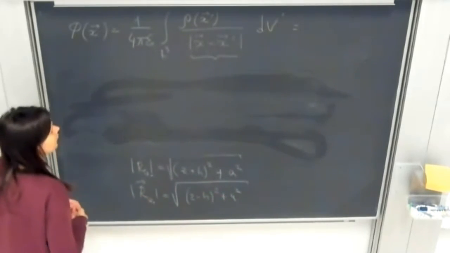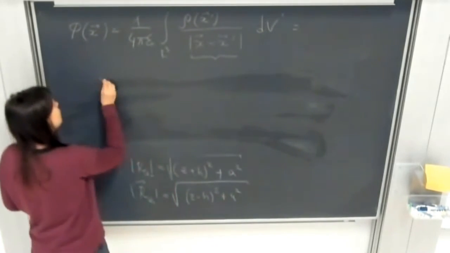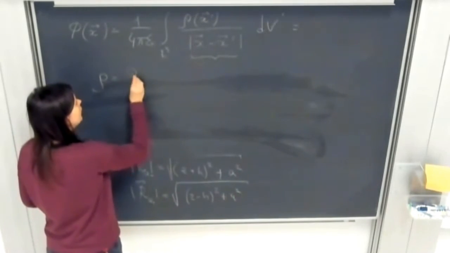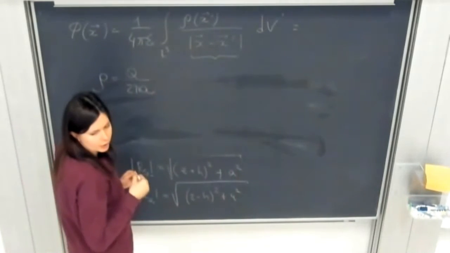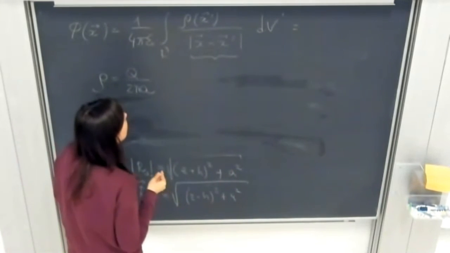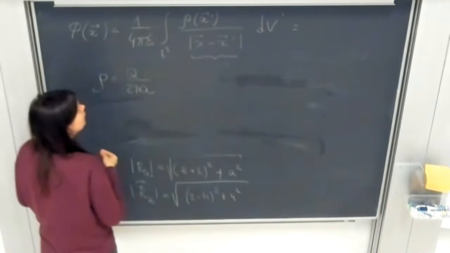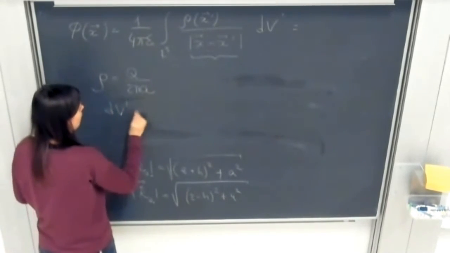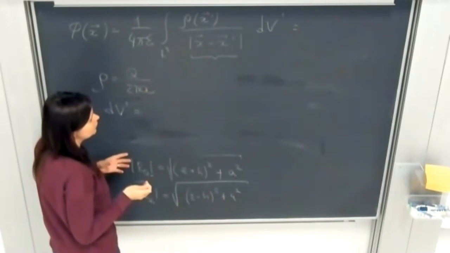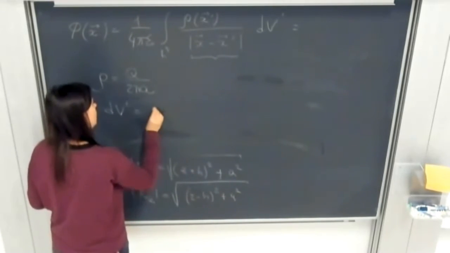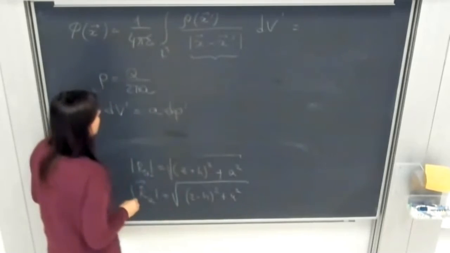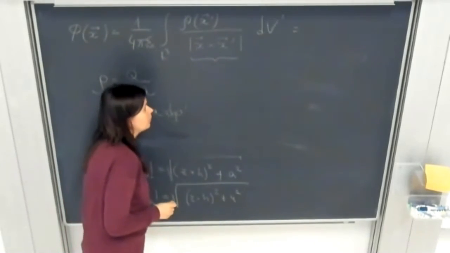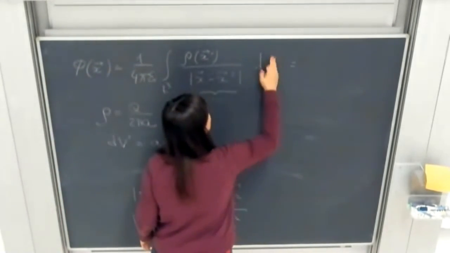And then for the charge density in the ring, it will be Q divided by 2 pi a. So the charge in the ring, and for the dV, the volume is actually replaced with a d phi, and then the integration becomes d phi.